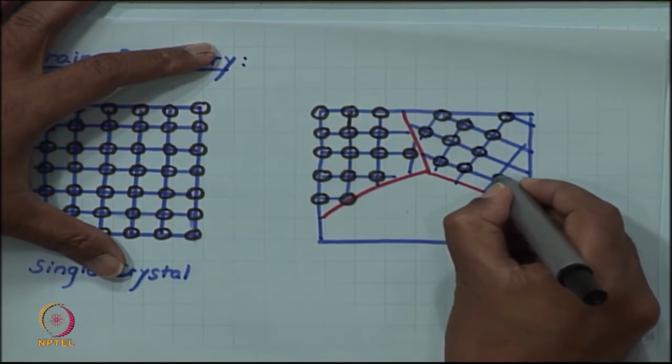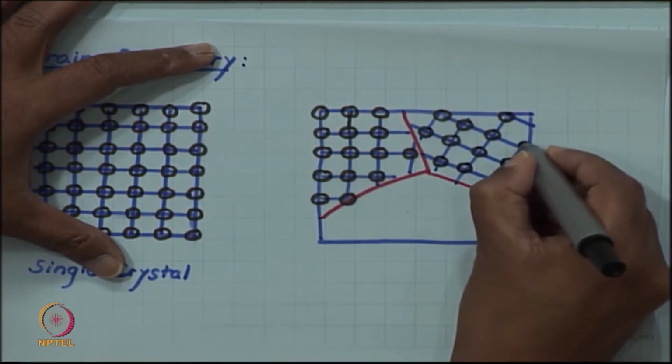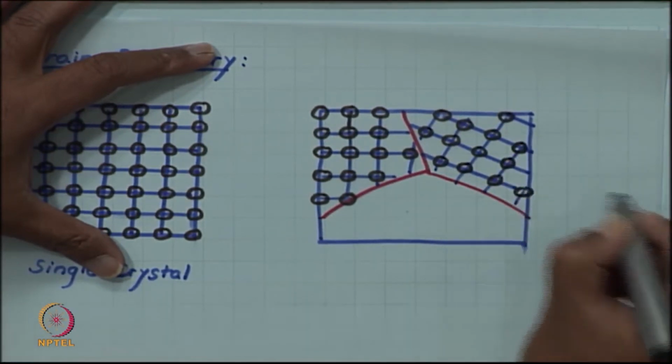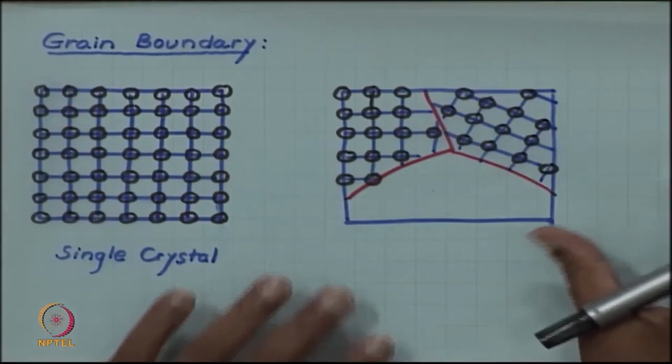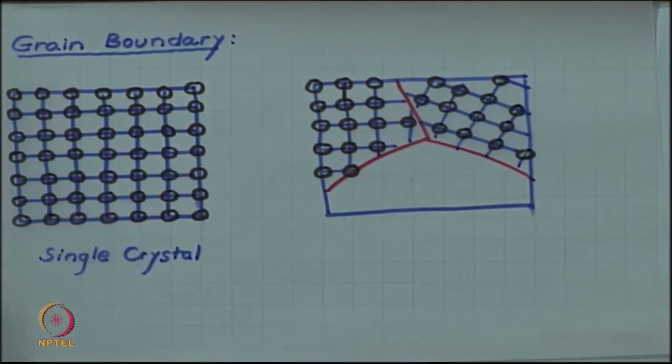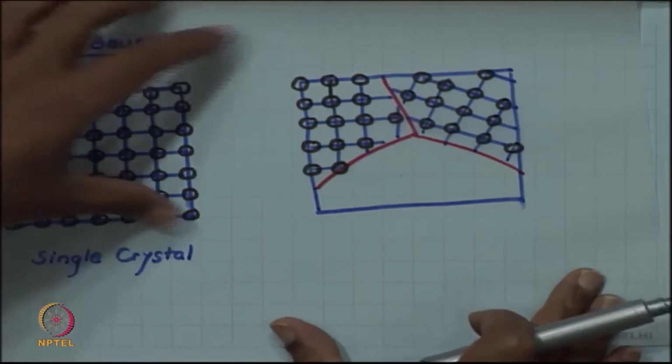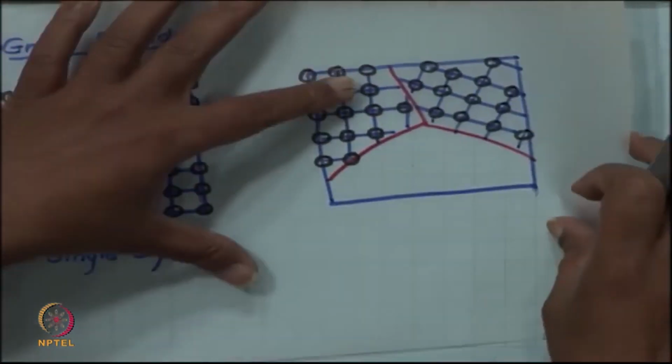So, unit cell size and shape is the same. However, the orientation has changed. And similarly, in the third region, I can draw still another orientation.